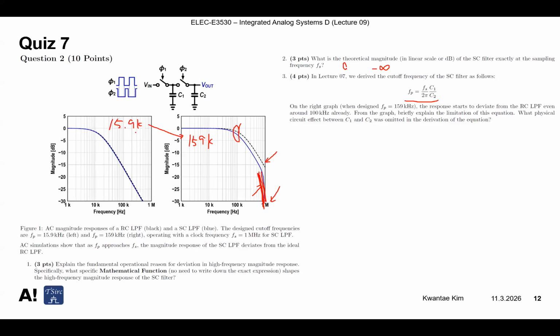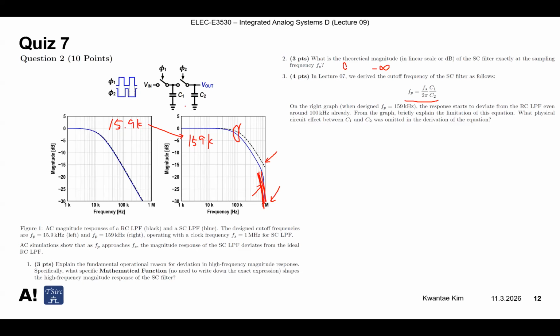As we approach from a low frequency design of cutoff frequency to the high frequency, it starts to deviate. One physical circuit effect between C1 and C2 was omitted in the derivation of the equation. We discussed this in lecture 8, right?